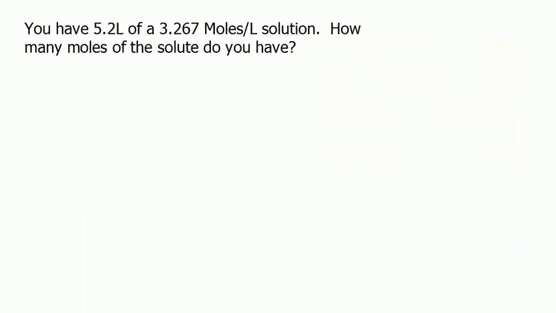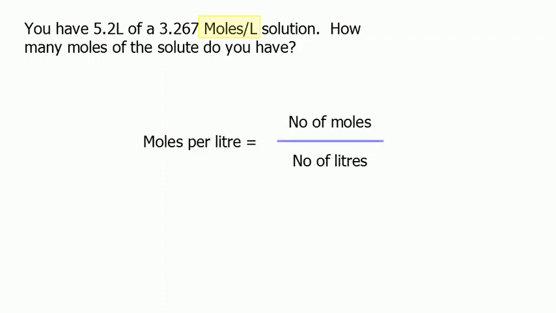So imagine you have 5.2 litres of a 3.267 moles per litre solution. How many moles of the solute do you have? The concentration is in moles per litre, and that tells us to calculate that we need to divide the number of moles by the number of litres. We know the number of litres, and we know the concentration, so it's easy to see how we can calculate the number of moles.